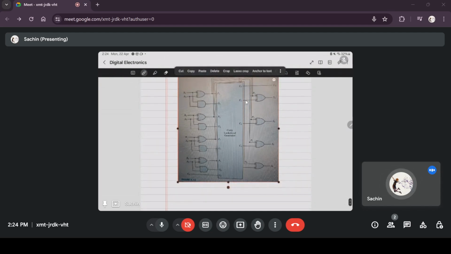So the circuit is a carry look ahead adder. There's an XOR operation at the inputs and an XOR operation at the output. The first stage is the generation of the propagate and generate signals, Pi and Gi.